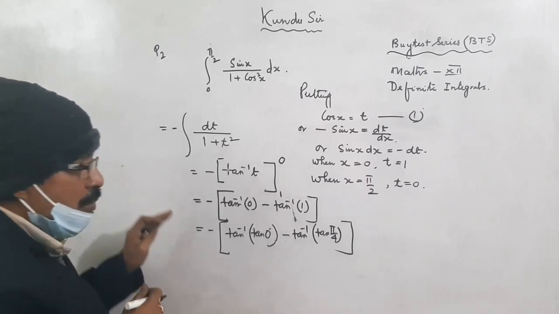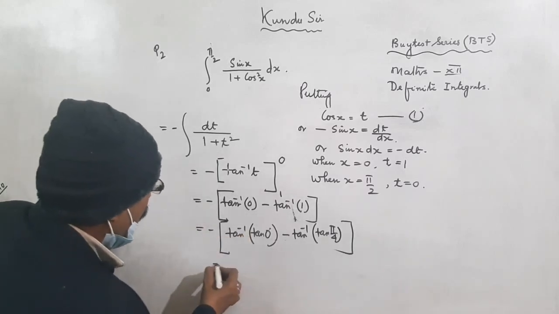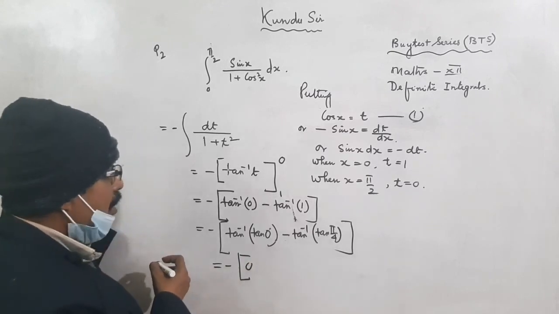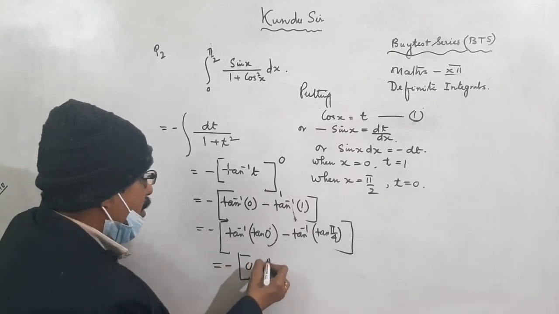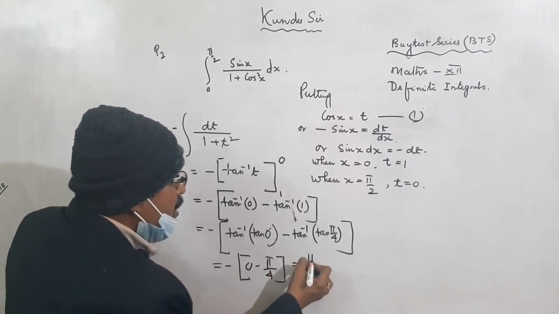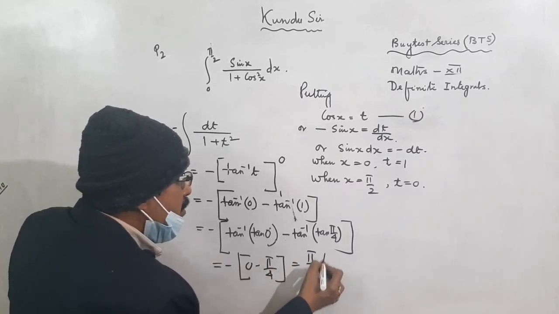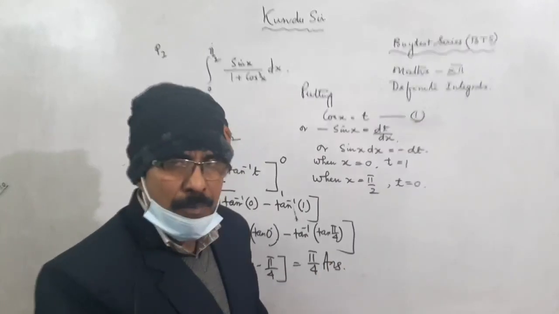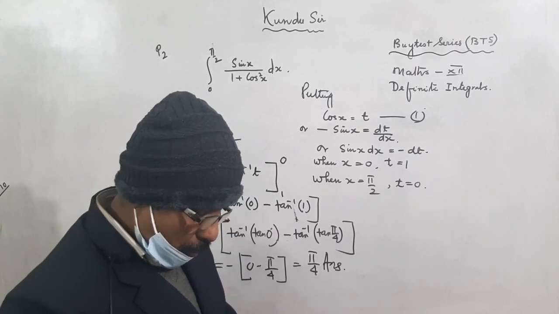So tan inverse equal to minus 0, minus pi by 4 equal to plus pi by 4 is the answer for this problem. Only pi by 4 for this problem.